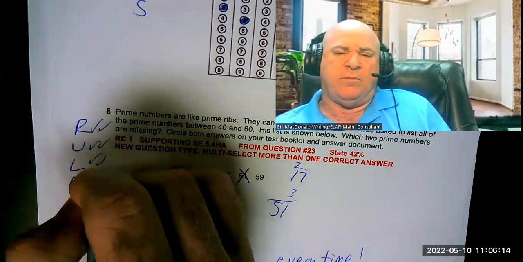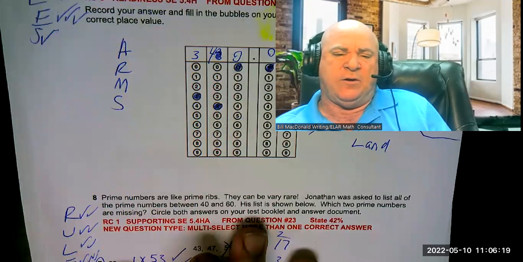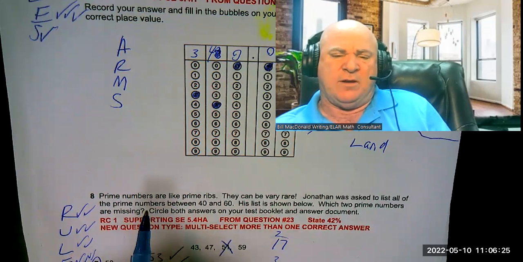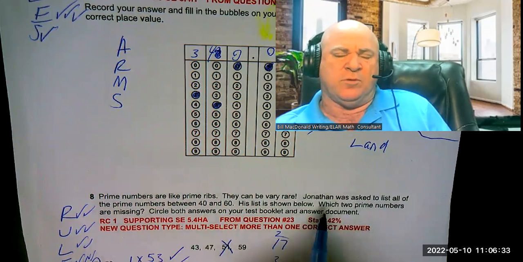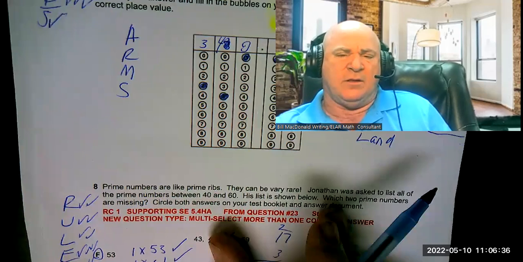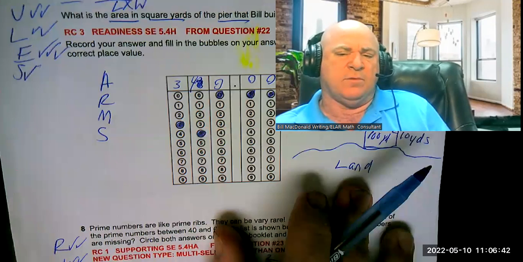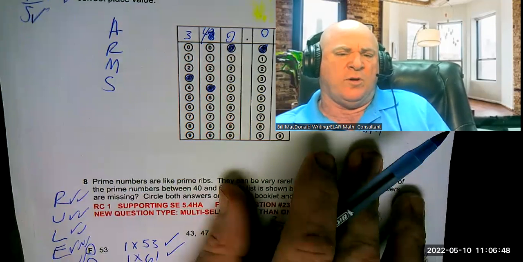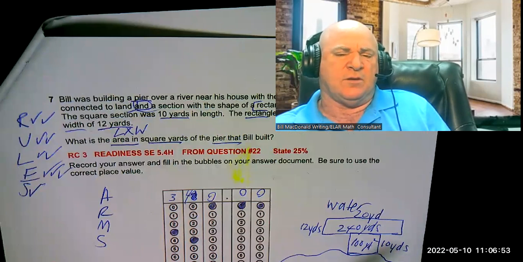If you're working with prime numbers, this is a supporting standard. That means we should know prime numbers by the time we get to 4th grade. So if less than half of the kids got it correct, that means if you have 6th graders, they probably struggled with this. So for these last weeks of May, I would highly suggest that you do multi-step problems and that you work with prime numbers, because as you can see, 25% correct as a 5th grader is extremely low.